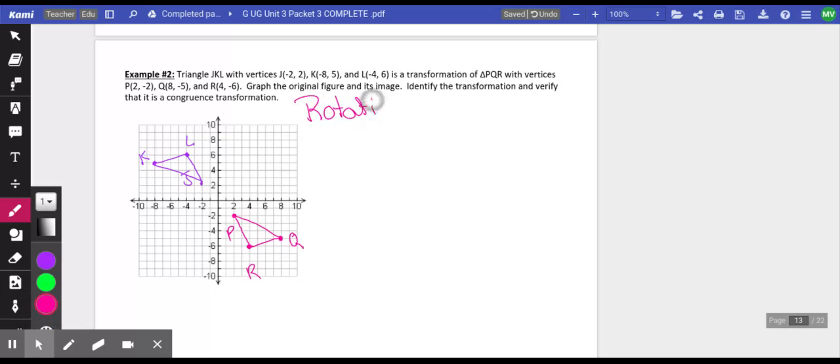Now to verify that they're congruent, this is where there's a lot of work. I need to show that all three sides of one are congruent to the three sides of the other.